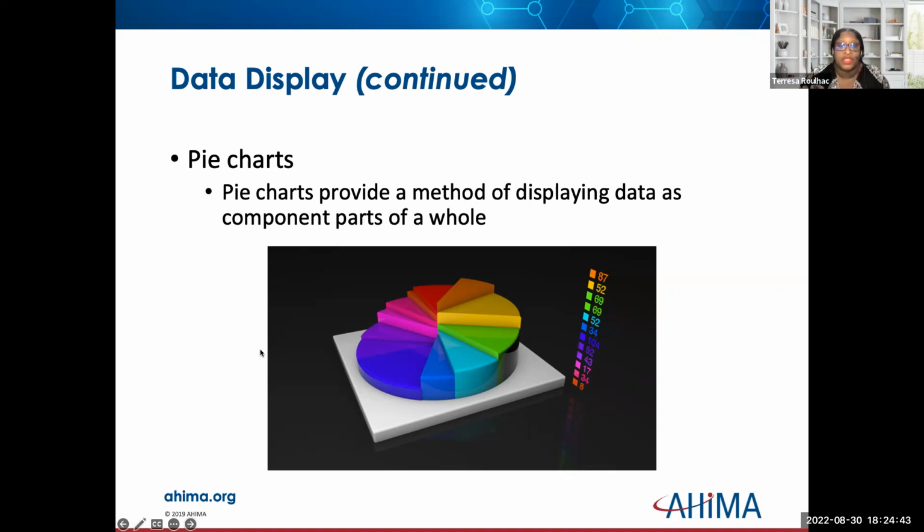Additionally, they can be cut out of the pie to help emphasize the percentages. Like this one, it is 3D, which is kind of cool, but they are still cut out and the colors change to show you. And you can see almost like in the back, granted, we don't have all the information, but you can see the percentage each section is of the whole.